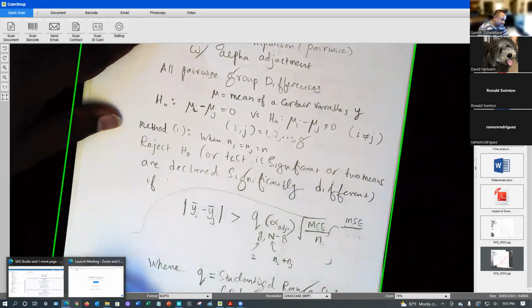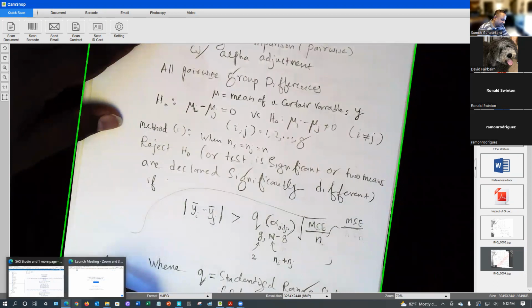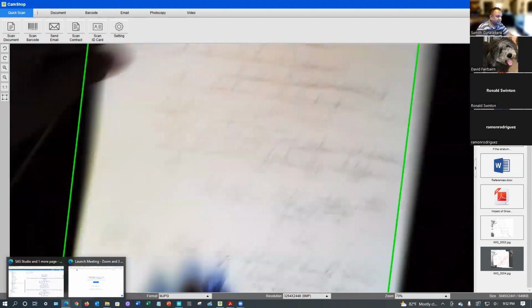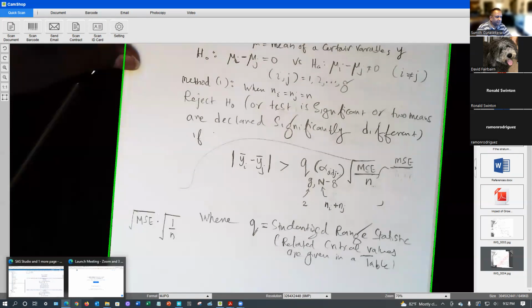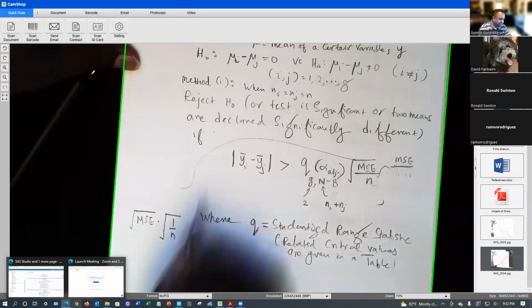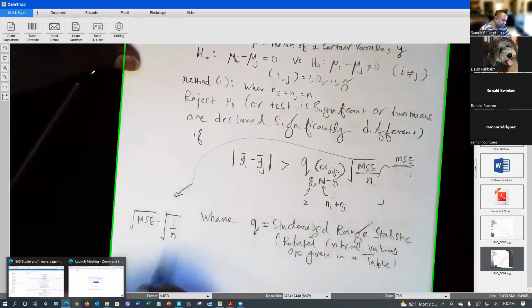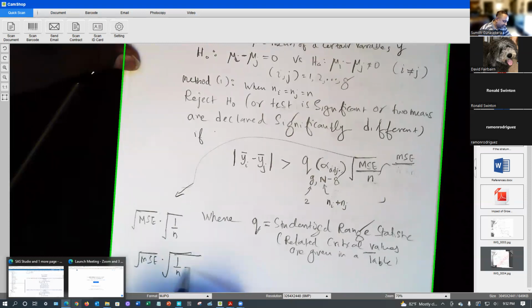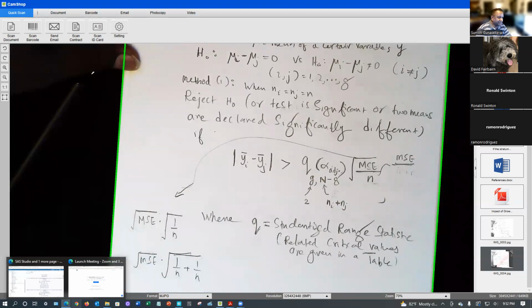I'm going to get this one and split it, like this. How did you get that one? It's mean squared error, 1 over n plus 1 over n, like that.